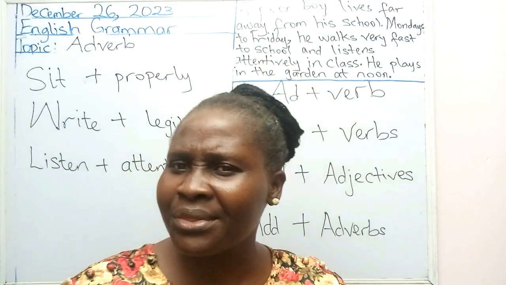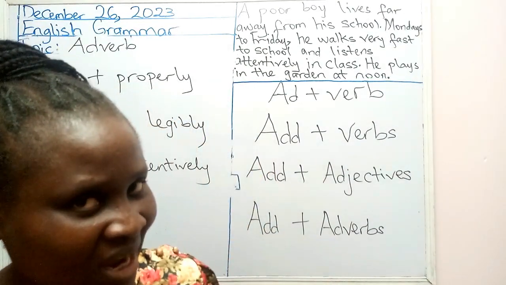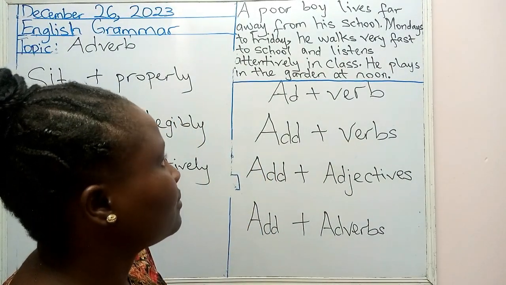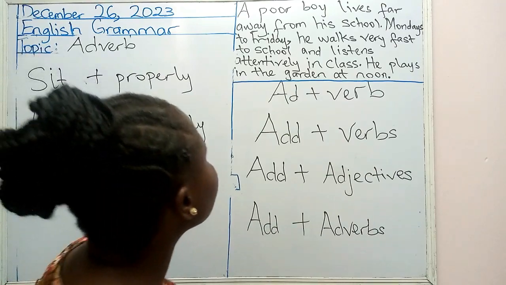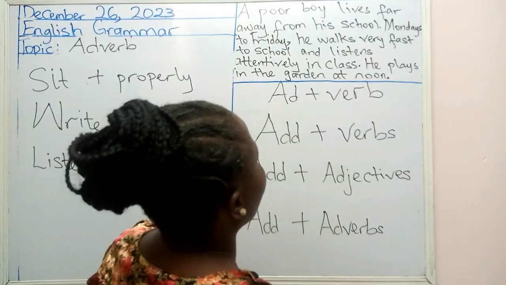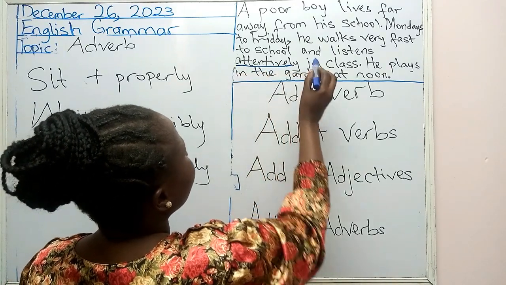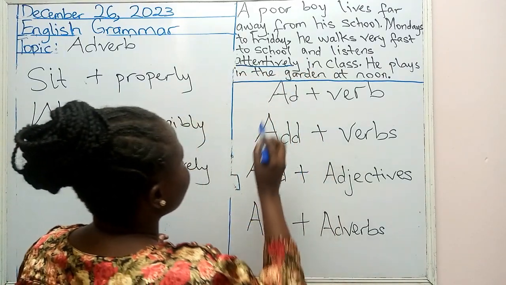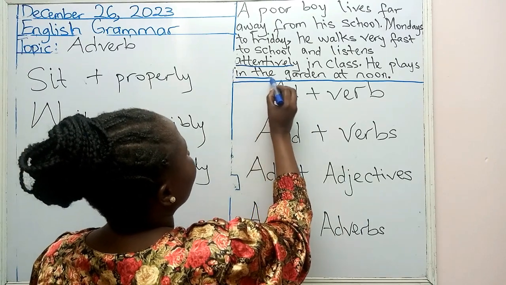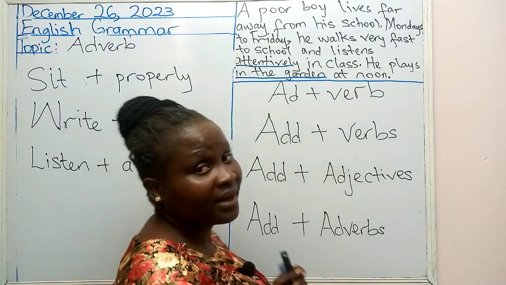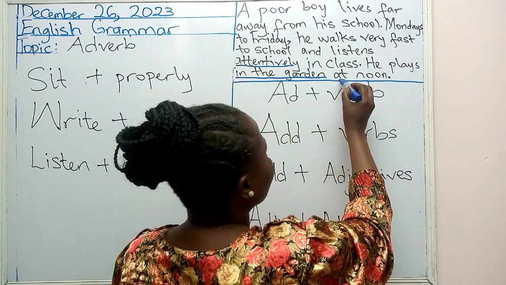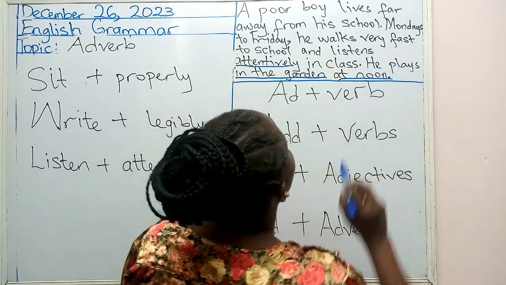Can somebody think if there are adverbs in the storyline? Yes, there are. We can see attentively. We can see in the garden, and we can see at noon.